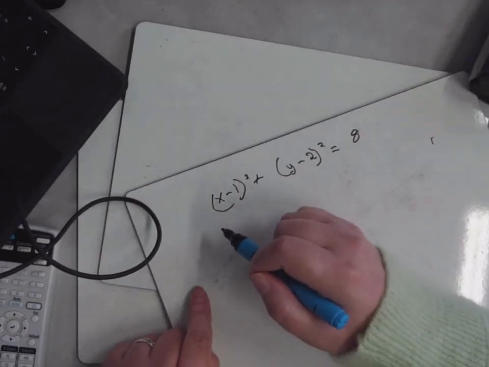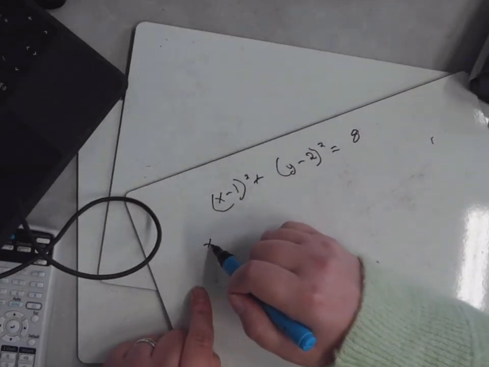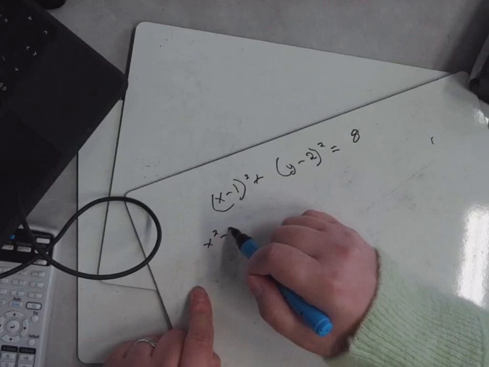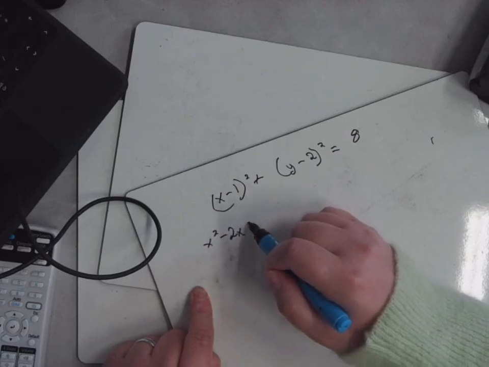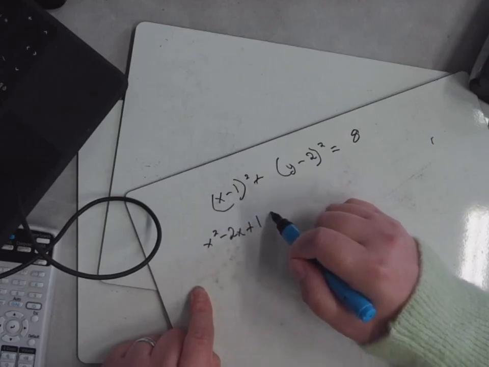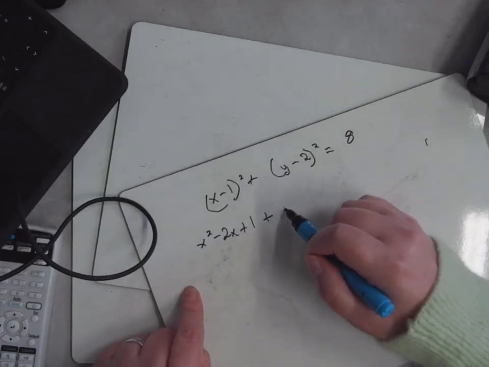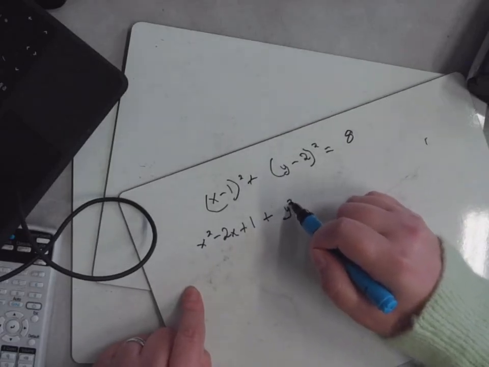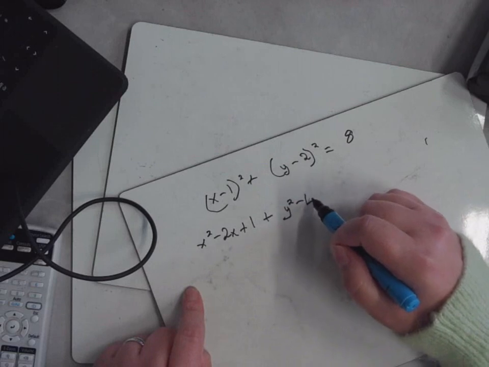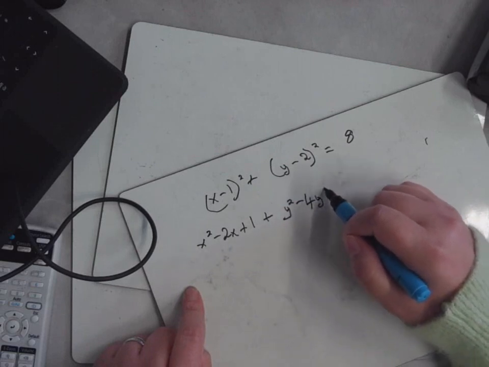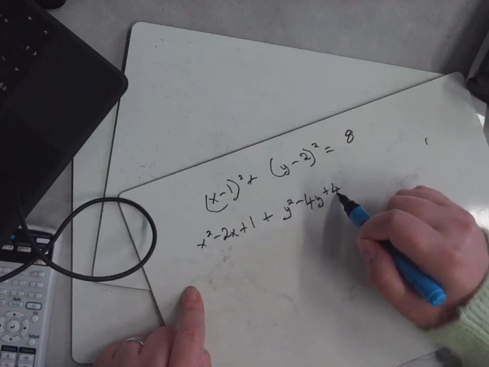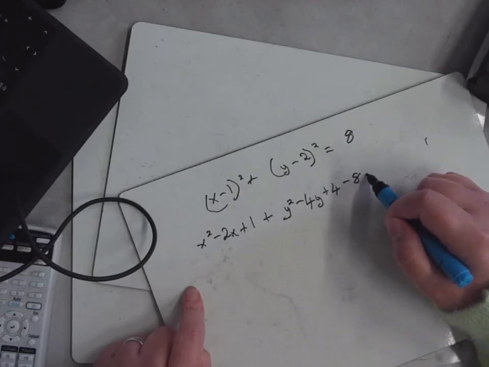If I was to square this out, square the first term, twice the first by the second, square the last. Don't ask me where the minus 2x came from, a puppy will die. So x squared minus 2x plus 1, then y squared minus 4y plus 4, and I'm going to bring over the 8, equals 0.